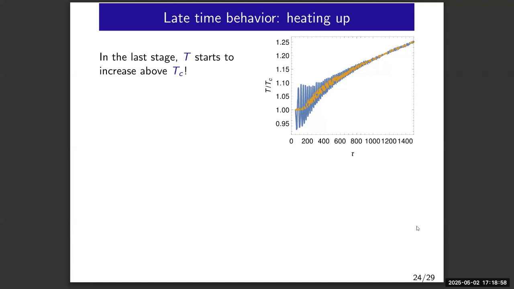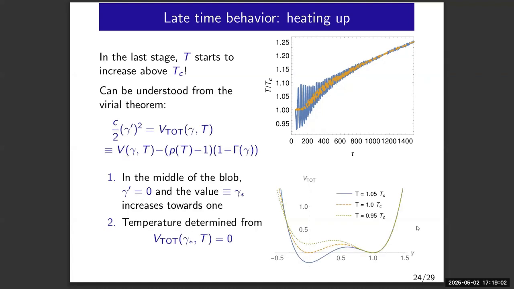But as it turns out, this can be understood in rather simple terms. Namely, you can look at the virial theorem. The virial theorem, based on our action, tells you that gamma prime squared equals the total effective potential of the system, which is defined like this.